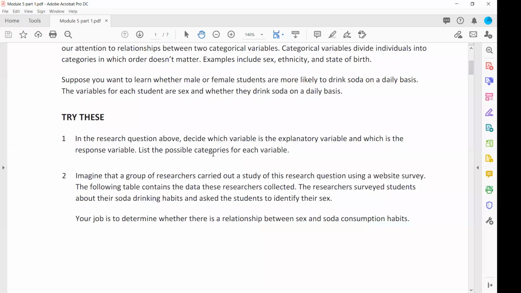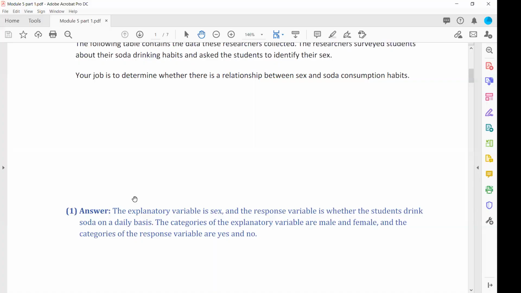So when it comes to question 1, what is the explanatory variable and what is the response variable? The explanatory variable is sex and the response variable is whether the students drink soda on a daily basis or not.